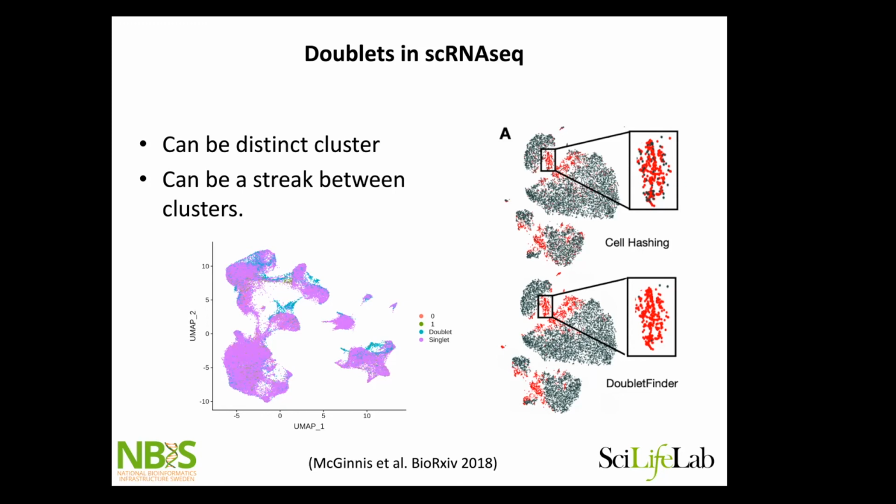If they still cluster really nicely into distinct clusters and you don't have these streaks here, then having a few doublets here and there will not shadow the signal when you do differential expression between clusters, and then it's not super important. It's also knowing that in this case they loaded 10,000 cells, so I probably have a doublet rate of 10% or something.